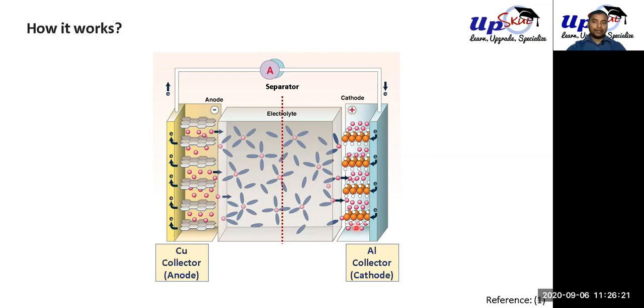So the lithium will return through the electrolyte, directly. The lithium will come back, but the electron cannot come back this way. So now the electron will have to take the difficult road via the load, and this way it is generating current. Current is nothing but the flow of electrons.